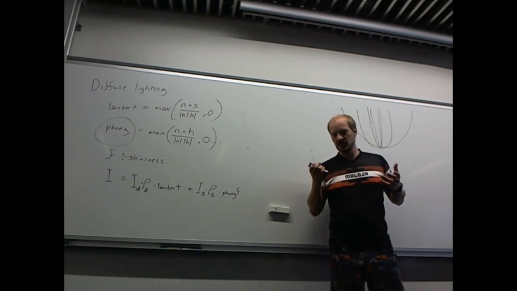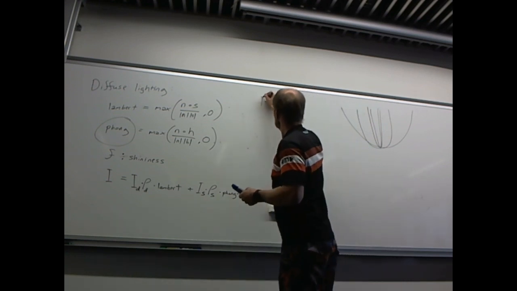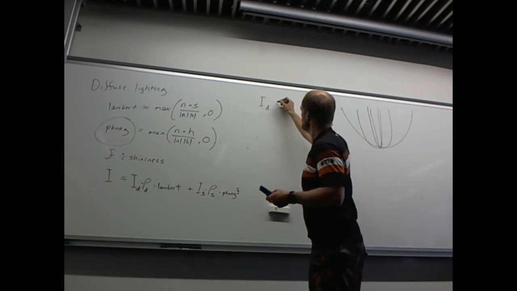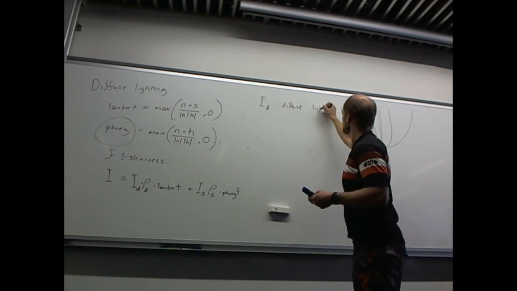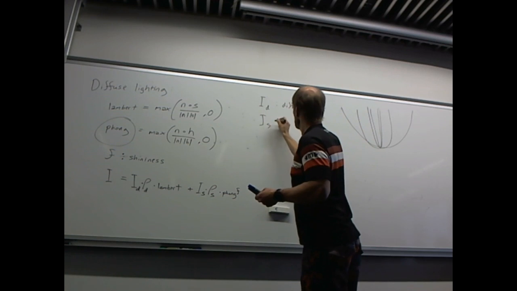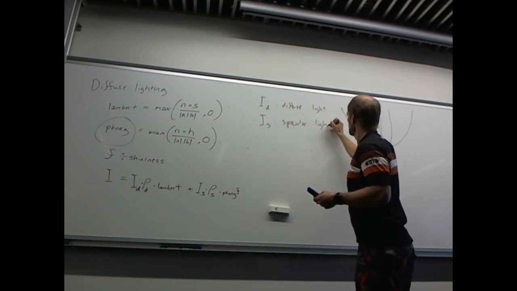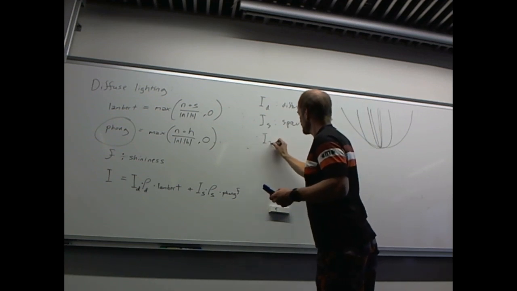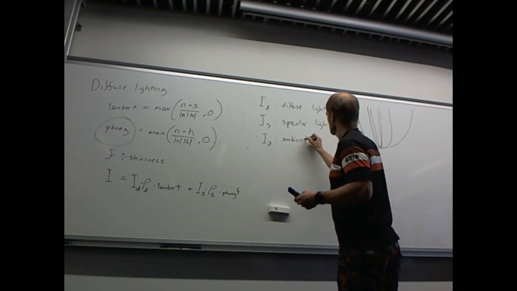We have here the diffuse light, we have the specular part of the light, and then I'm just going to add an intensity level here, that's the ambient part of the light, ambient light.